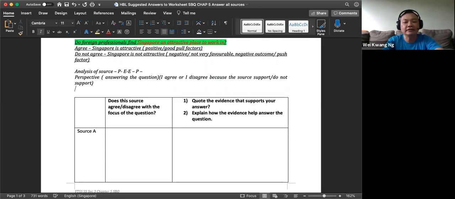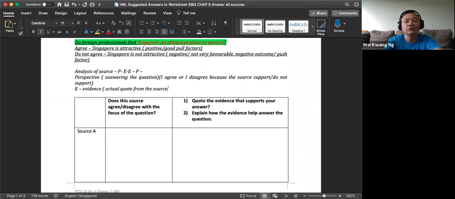Now, the next thing, the E in the PEE, is called evidence. In the examination, you need to provide actual quotation from the source. I need to see actual quotes from the source.